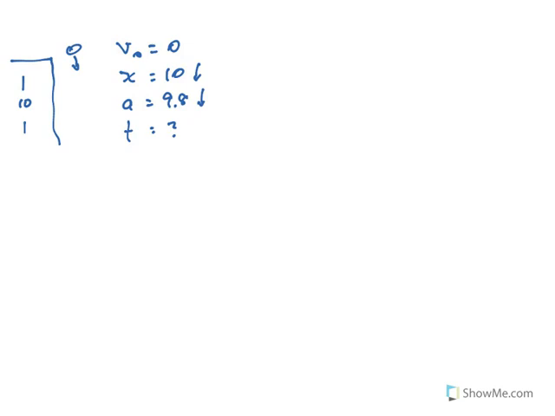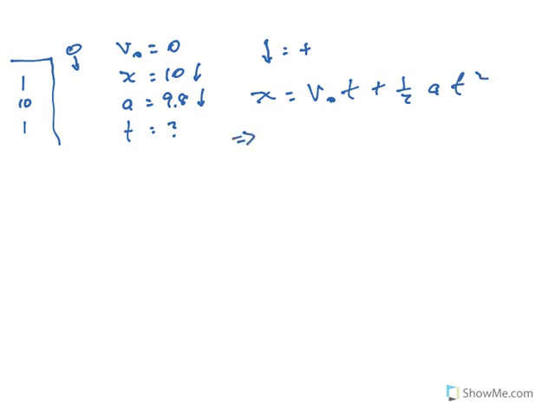So, I'll show you how to solve the problem where we don't have all these negatives. And what I'm going to do is I'm going to say, let the downward direction be positive this time. If that's true, how do we solve it? Well, we have the same equation, x equals v naught t plus 1/2 at squared. Plug my numbers in.